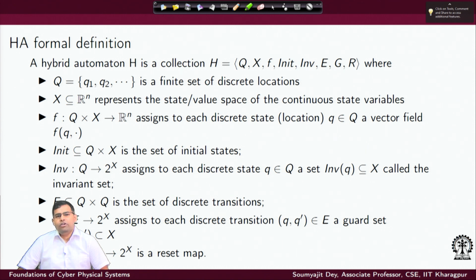So, the state of a system will comprise two pieces of information. One is which discrete position I am in, let us call that location, and the other is the current set of values of the different continuous variables in my system.